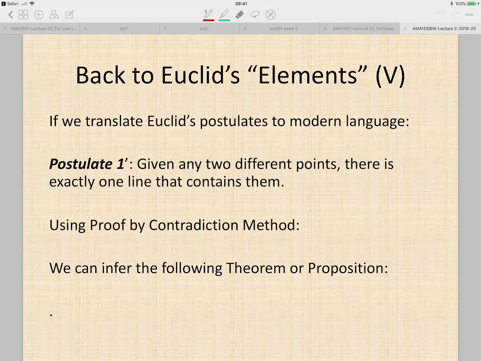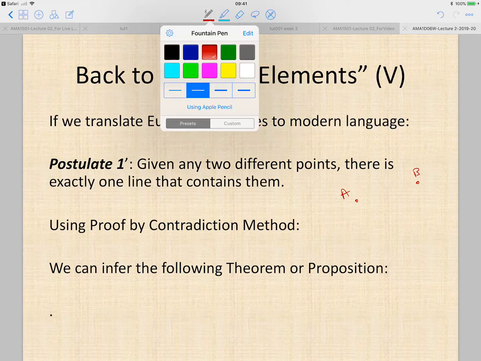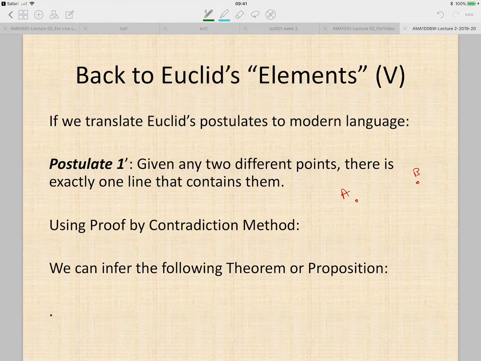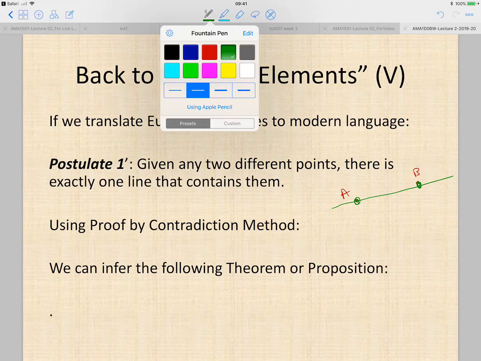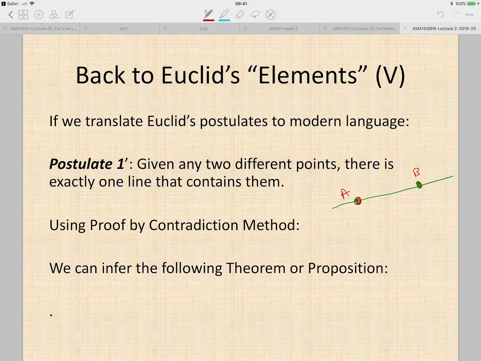Now, using Euclid's postulates, I'm going to prove very nicely that given two different points, there's exactly one line that contains them. That is, given 2 points A and B, there's exactly one line that contains these 2 points. So how do you prove this?